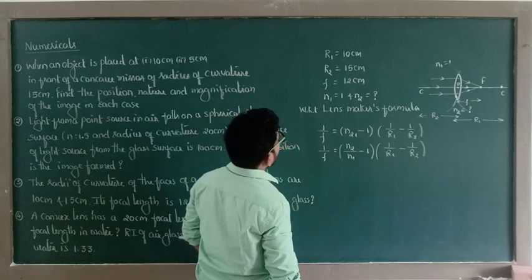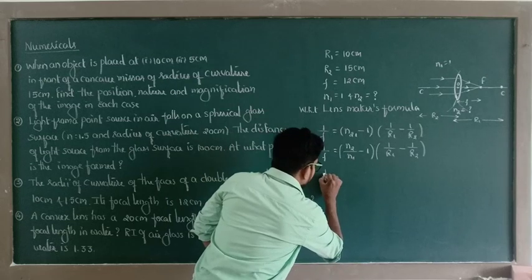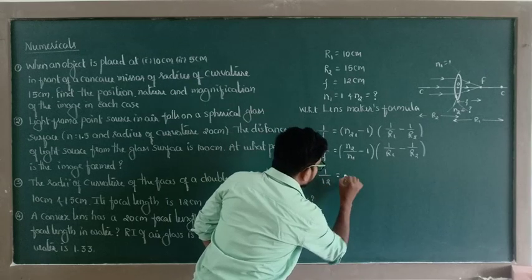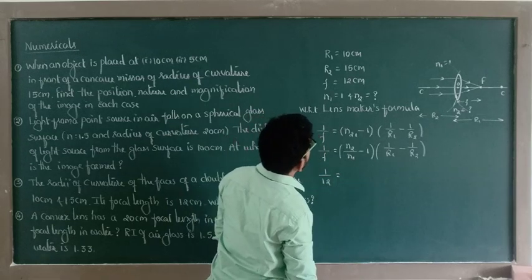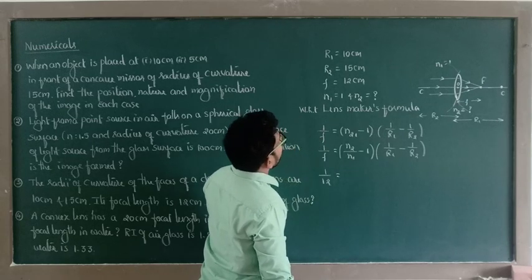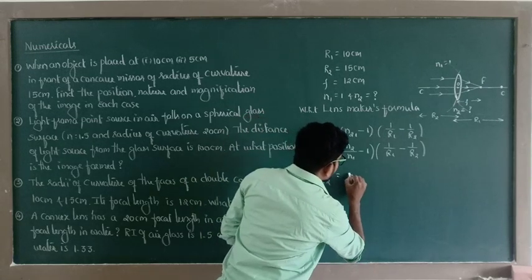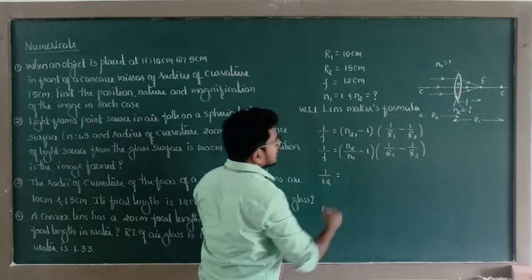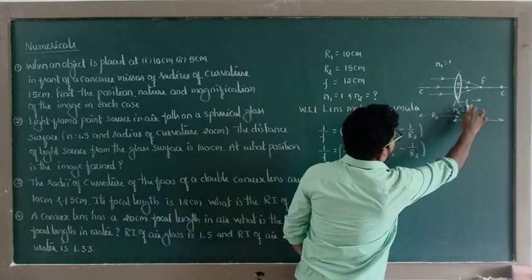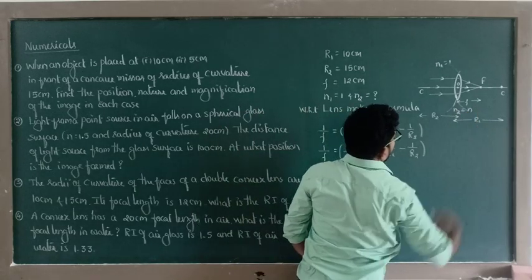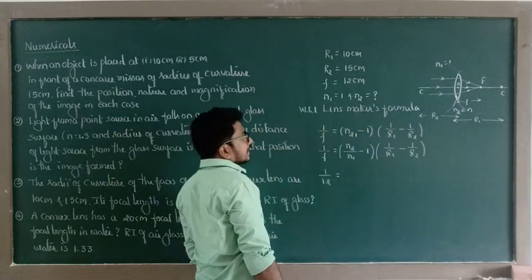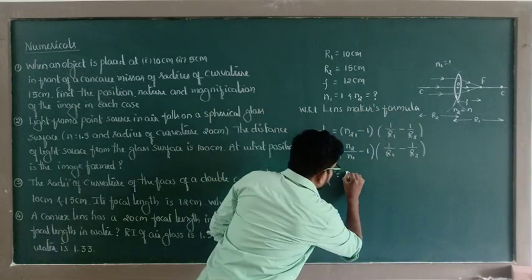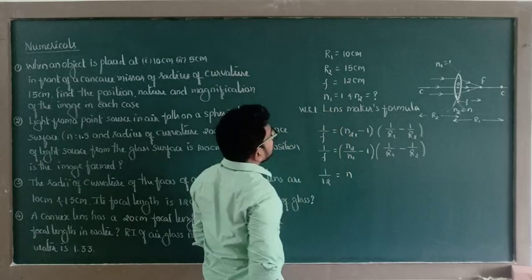Substitute the values. 1 by f is 1 by 12 centimeter. We don't know n2, so let us say n2 is equal to n, and n1 is equal to 1.